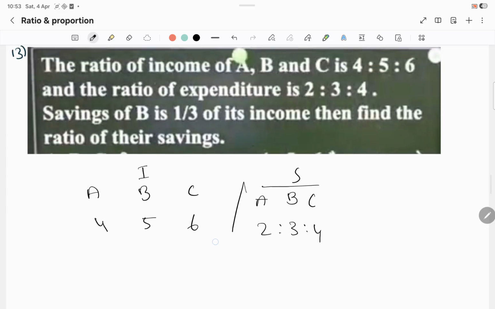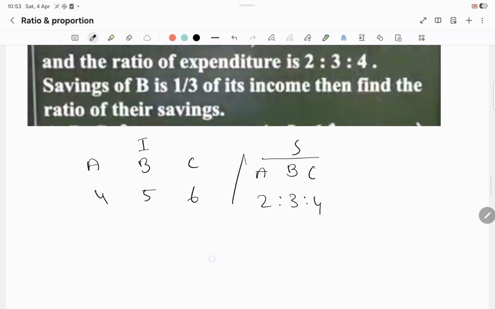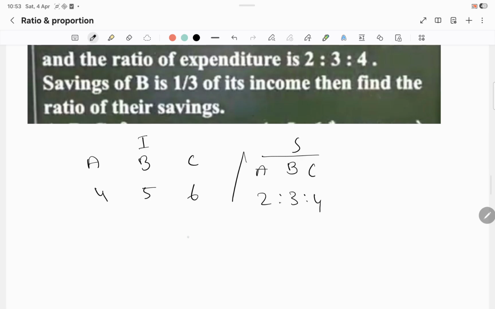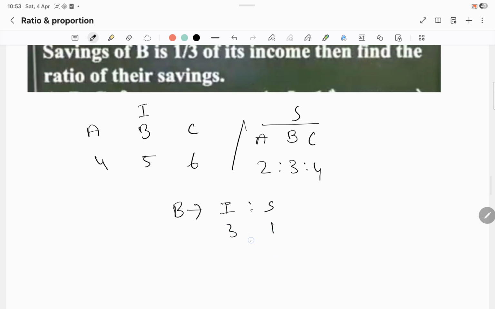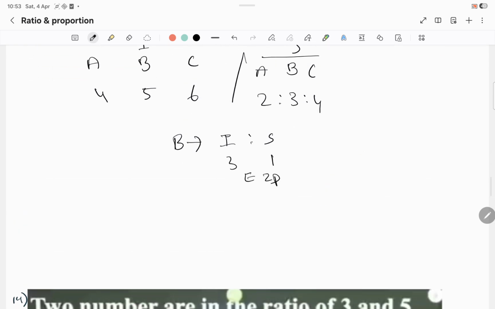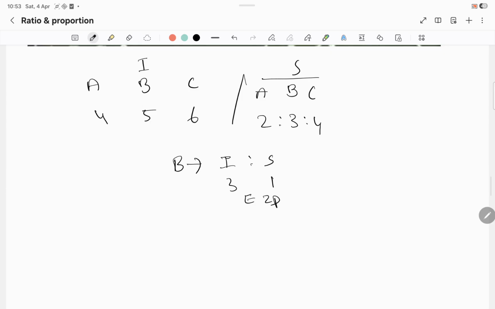Savings of B is 1/3 of his income. Means B income to saving is 3 is to 1. Means expenditure is 2 parts.